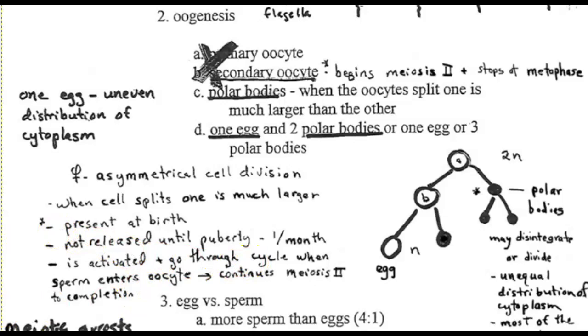And they're actually going to be in prophase 1, the chiasmatic stage, or the crossing over stage. So they're present at birth. They're not going to be released until puberty, 1 per month. And we'll talk about that in just a little bit when we talk about something else very different about them.